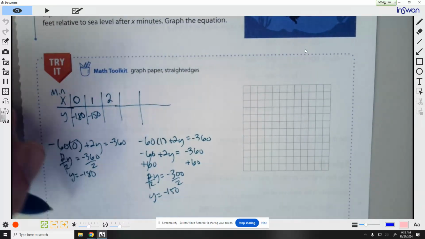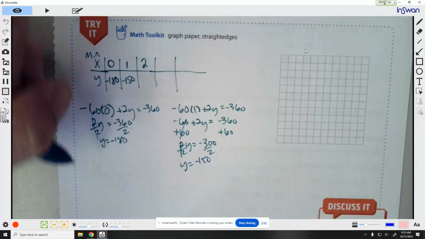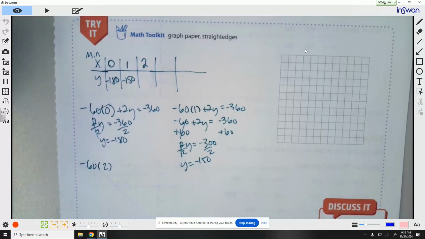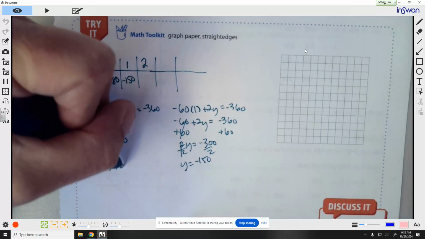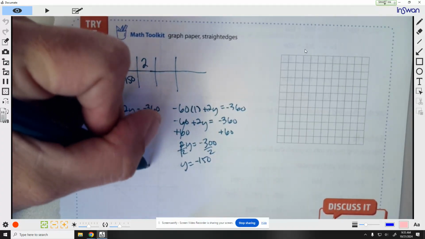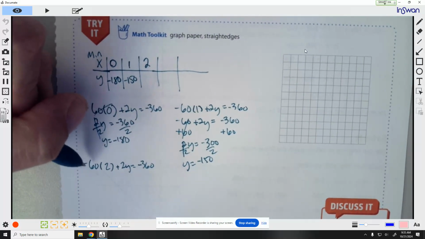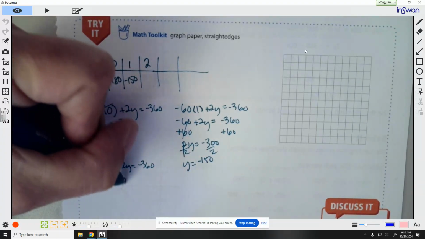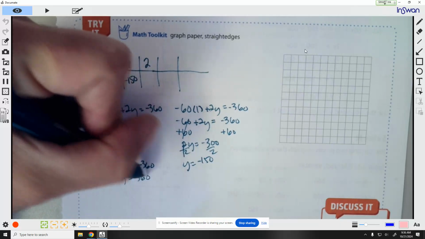2 minutes. So at 2 minutes, I'm going to go ahead and set it up again. Negative 60 times 2 this time, plus 2y equals negative 360. Okay, negative 60 multiplied by 2 is negative 120. And then I rewrite the rest of the equation.